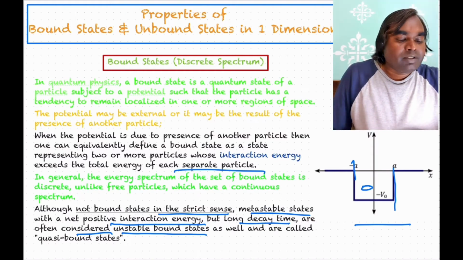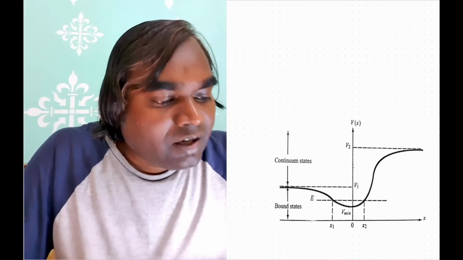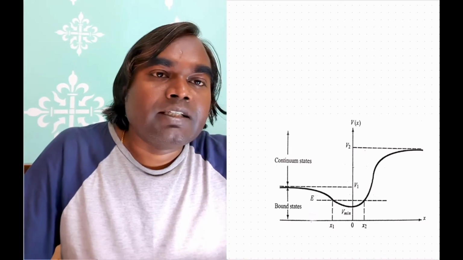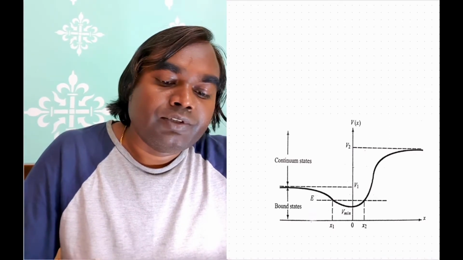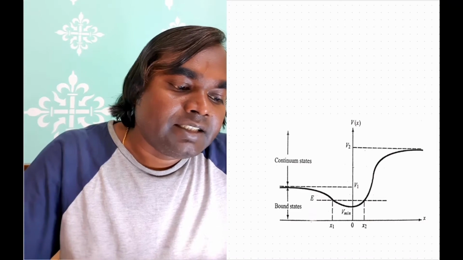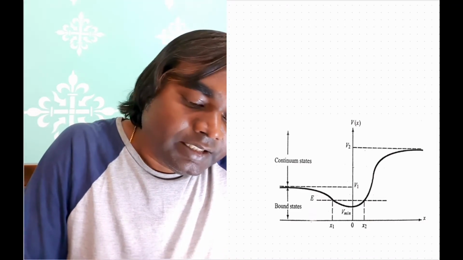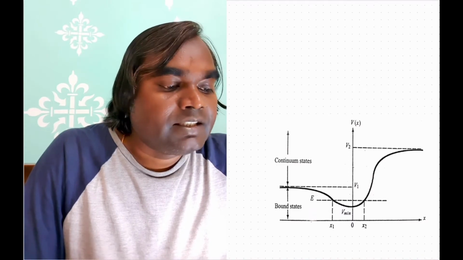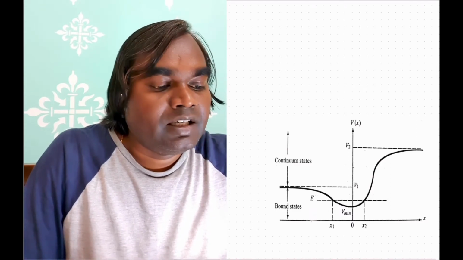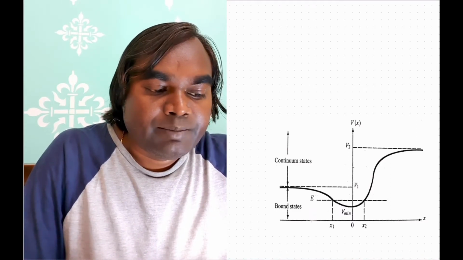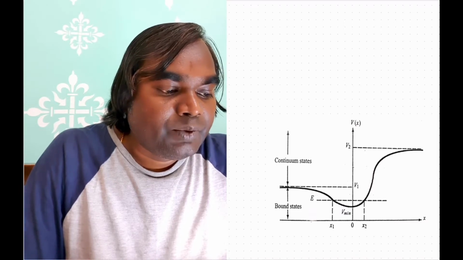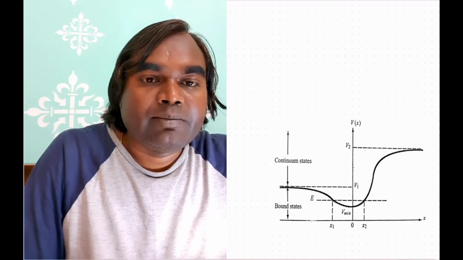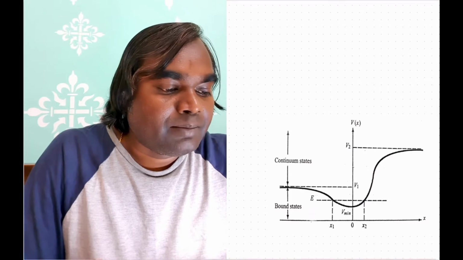So a bound state can occur whenever the particle cannot move to infinity. That is, the particle is confined or bound at all energies to move within a finite and limited region of space, which is delimited by two classical turning points.